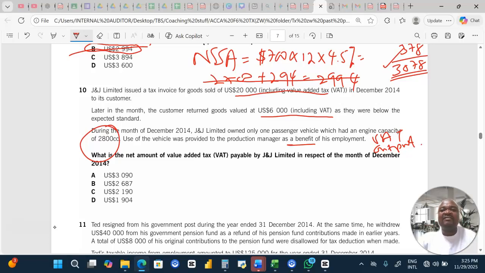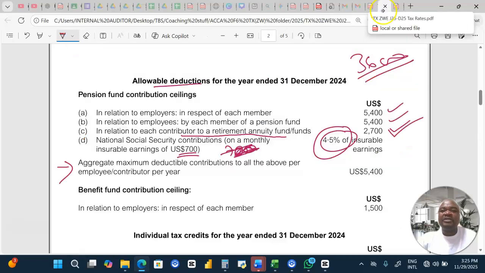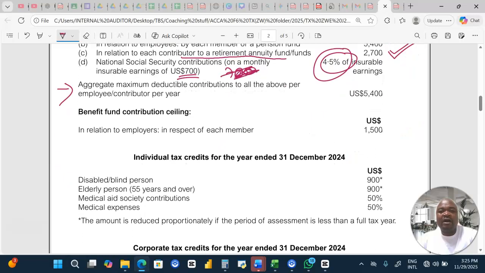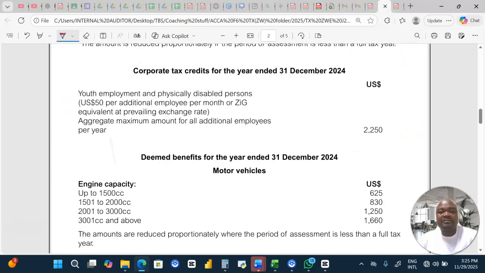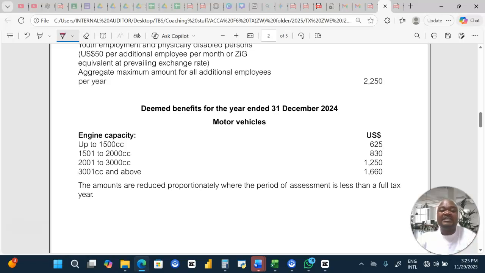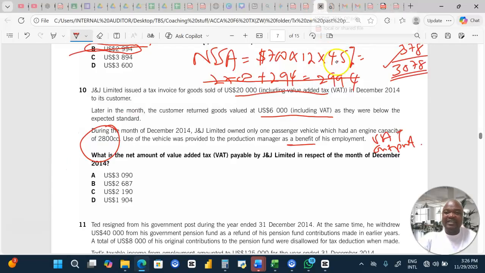A 2,800cc vehicle is accruing how much benefit? The deemed benefit will come here. So 2,800 is in this particular bracket. That's where we get our benefit, and this benefit is 1,250. So with this knowledge, we can safely prepare our computations.